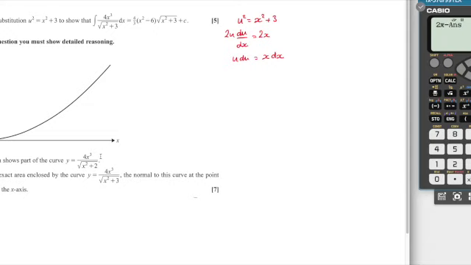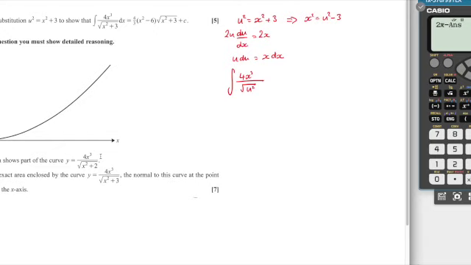I'm going to rearrange the top because I think I'm going to get an x squared in this. So let's make that top be x squared is u squared take 3. So then we have the integral of 4x cubed over, well, that's root u squared.